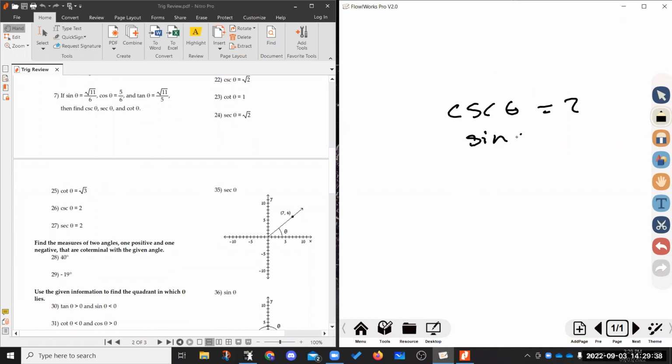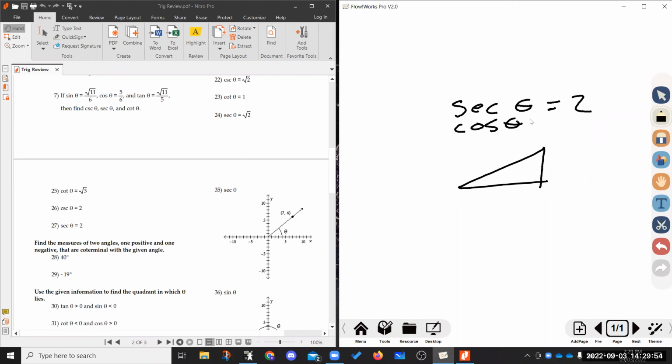That means that my sine of theta was 1/2. That's a 30-degree angle. And if my secant of theta was 2, then that means that my cosine of theta was 1/2. 1, 2, it's going to be √3. This is my 60-degree angle here.